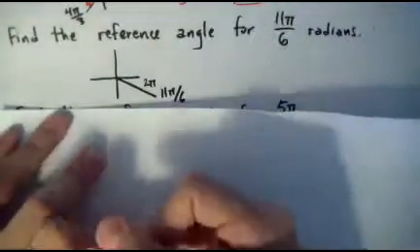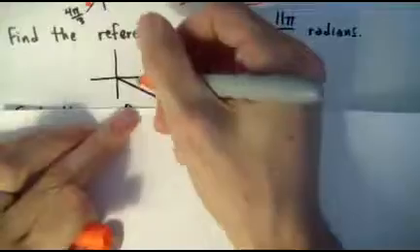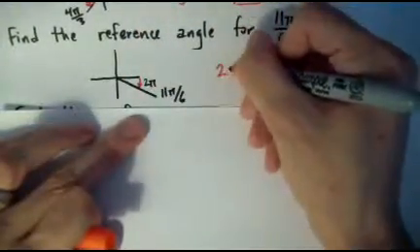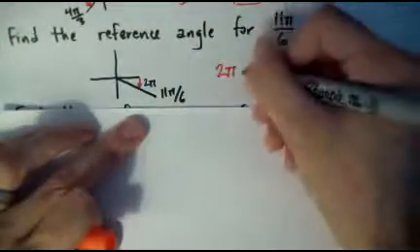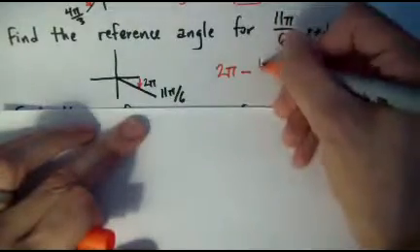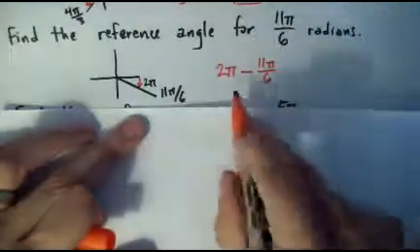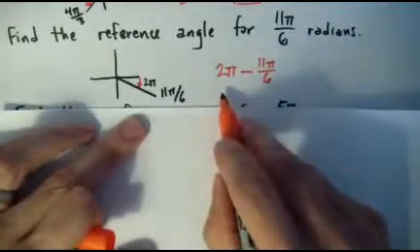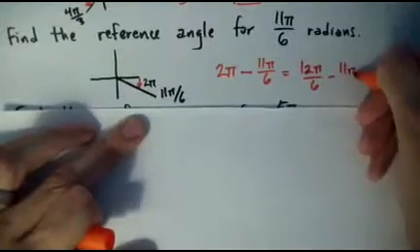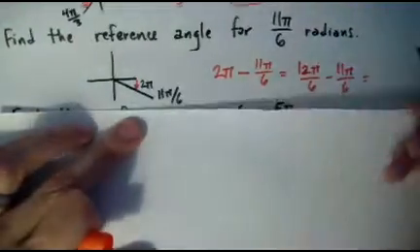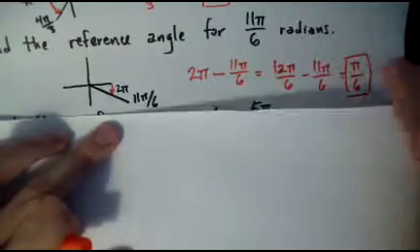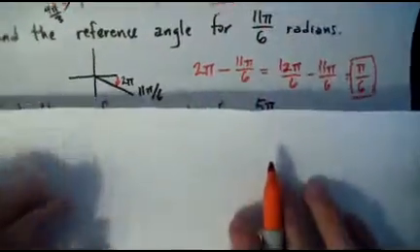Our reference angle is going to be that little bit left over, the difference between a horizontal line and our angle. So it's 2 pi, the full rotation, minus where we ended up, 11 pi over 6. Remember, 2 pi is just 12 pi over 6. So it's 12 pi over 6 minus 11 pi over 6, which leaves us with pi over 6. So pi over 6 is our reference angle for 11 pi over 6.